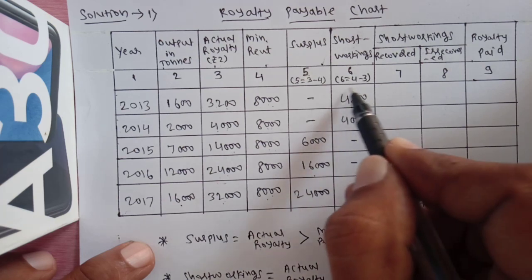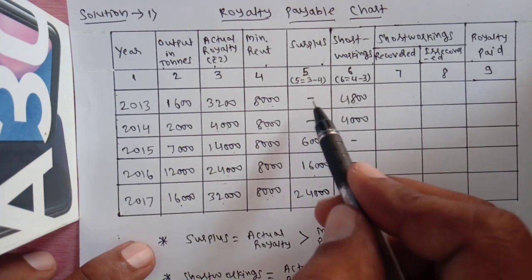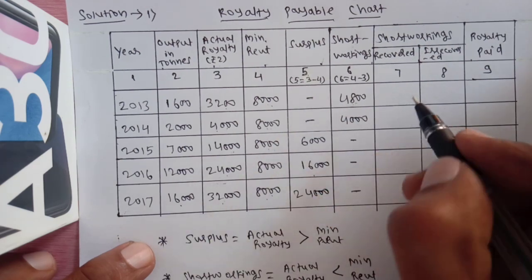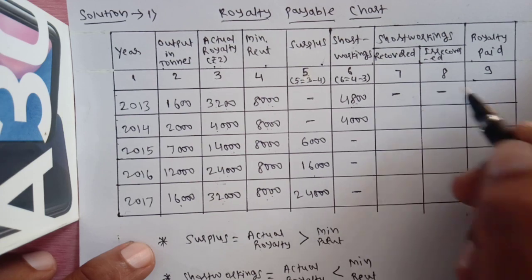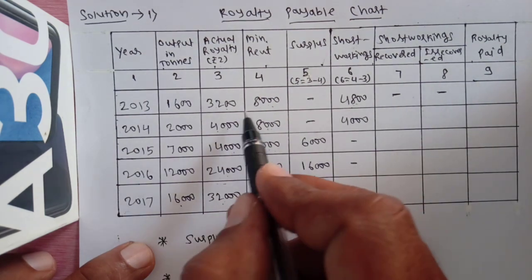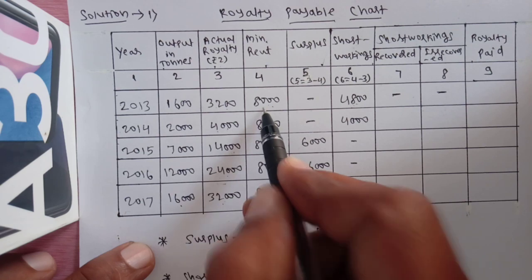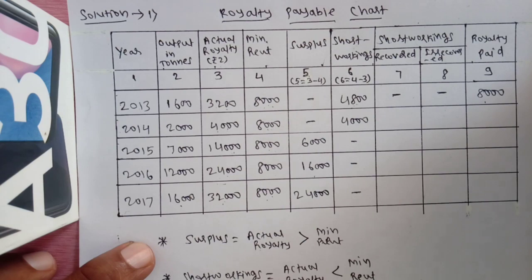Whatever short workings are there are recovered from the surplus amount. But in this year there is no surplus, so no amount is recovered. Royalty paid: how much is the minimum guaranteed? 8,000. So actual royalty paid should be 8,000.